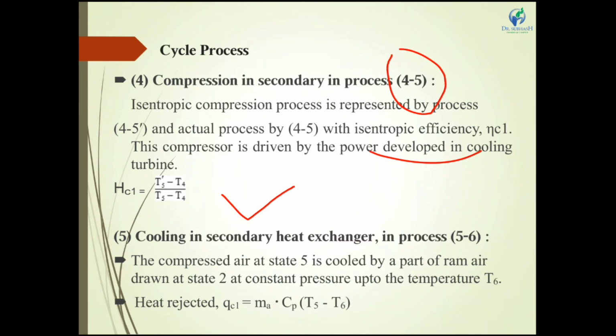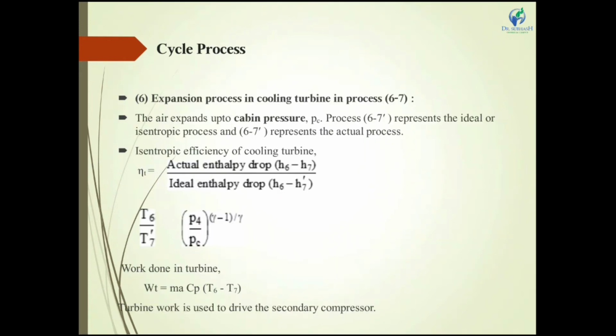The next process is cooling in the secondary heat exchanger, process 5 to 6. In the secondary compression process, the heat generated in the secondary compressor also has to be rejected. The heat rejected QC is rejected to the heat exchanger: Ma Cp times the temperature difference T5 minus T6.